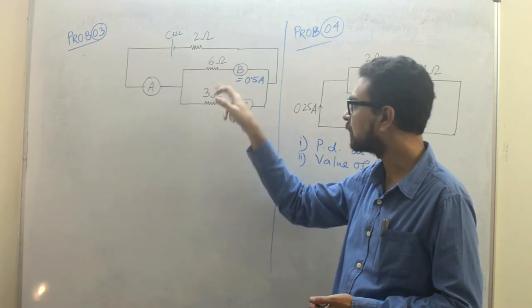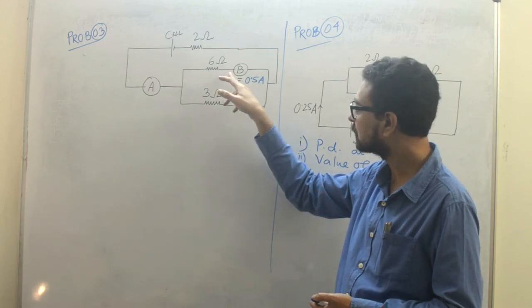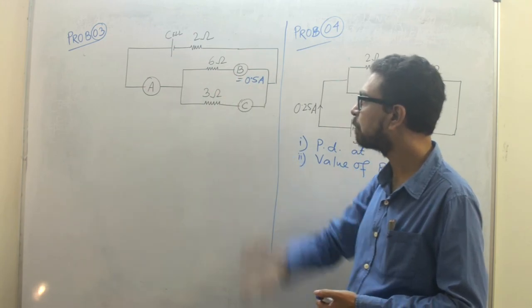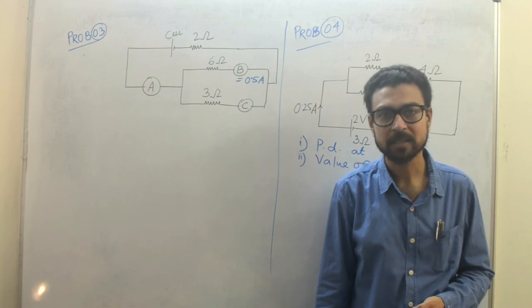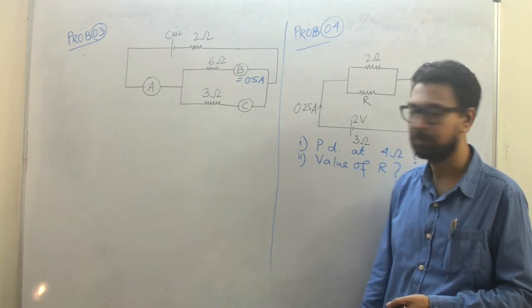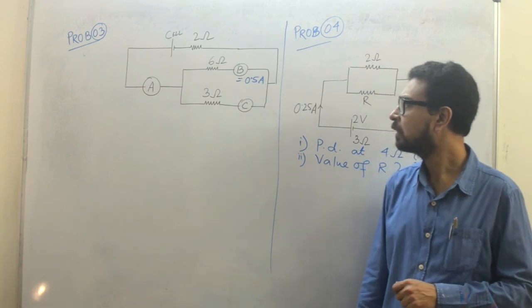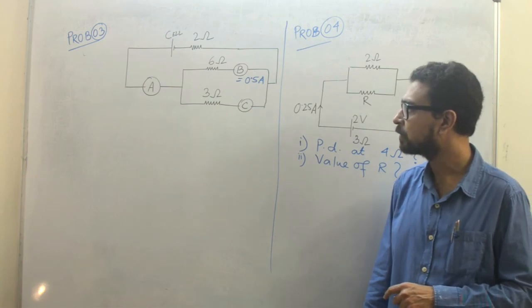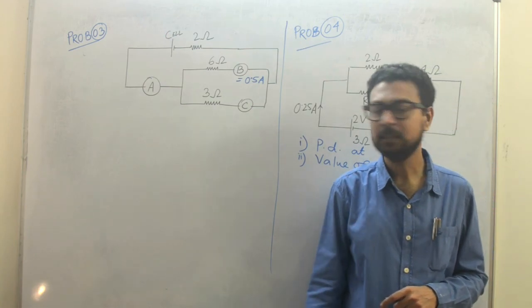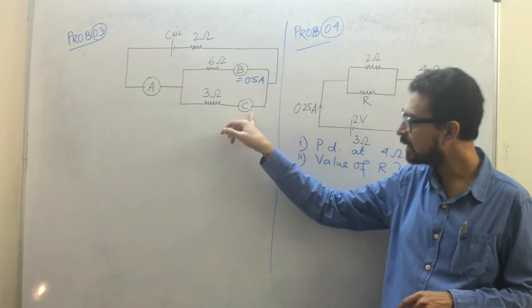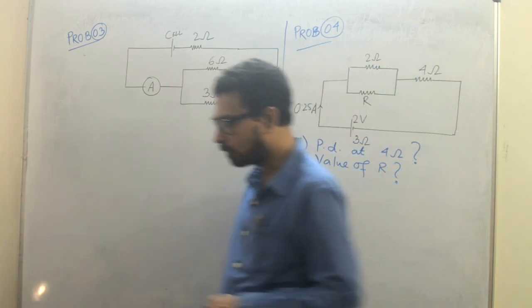The only thing that is given here is the reading in ammeter B, that is 0.5 ampere. They have asked us to find the readings in ammeter A and ammeter C, as well as the EMF of the cell.